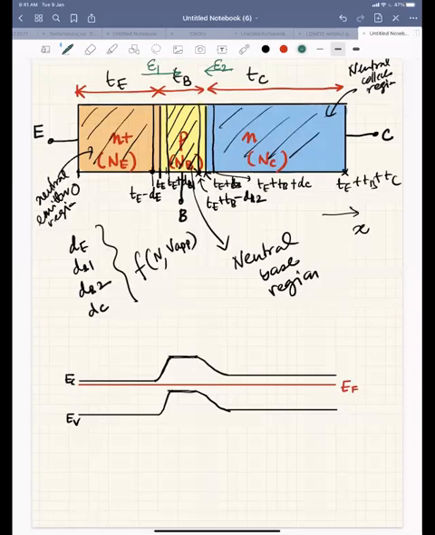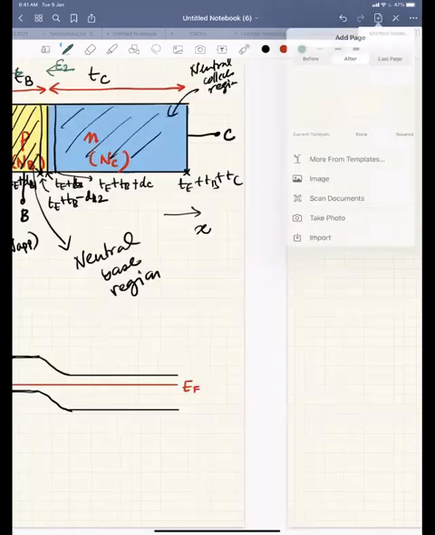Once I understand this, I have two junctions. Junction 1 is the emitter-base junction, and junction 2 is the collector-base junction.